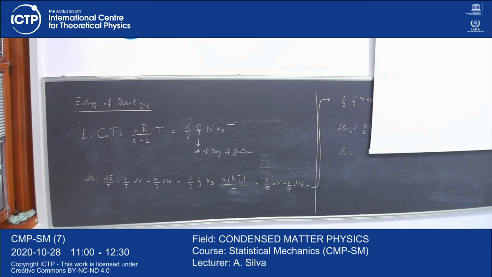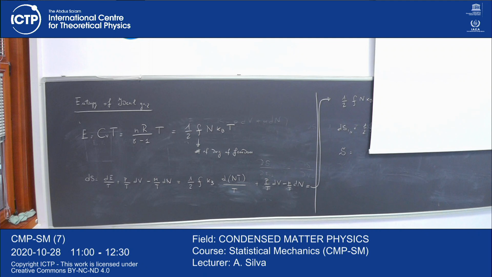All right, so let's continue. Well, we got to this point, right? dS at a constant number of particles is equal to 1/2 F times k_Boltzmann times N d log T plus N k_Boltzmann d log of V, right? So that was our result.